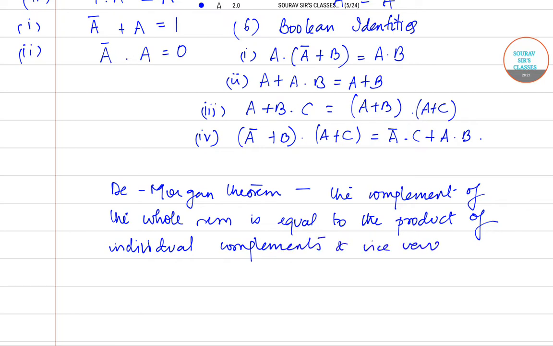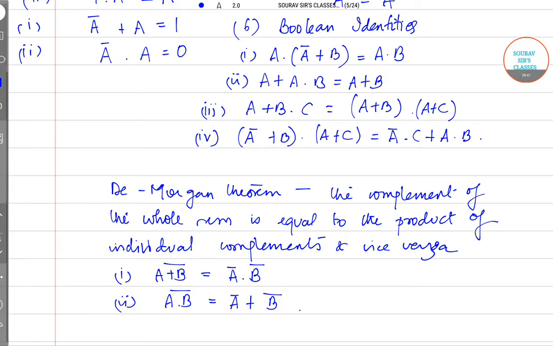That means, if I want to tell you in notation form, it will be (A plus B) under bar is equal to A bar dot B bar, and (A dot B) under bar is equal to A bar plus B bar.